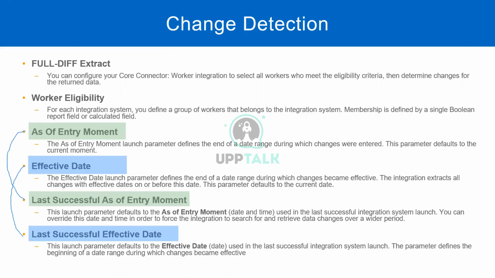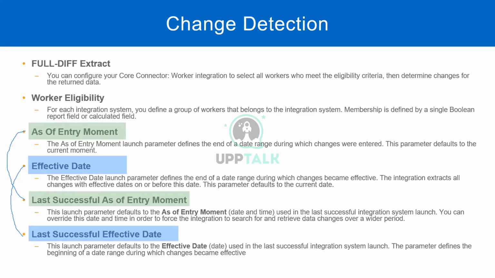So in that case as well, what is the entry moment? Entry moment is now, or the moment you are making the entry in the system. But what is the effective date? It is in the past, correct? So when Workday launches its integration, it will check: okay, what is the as of entry moment?